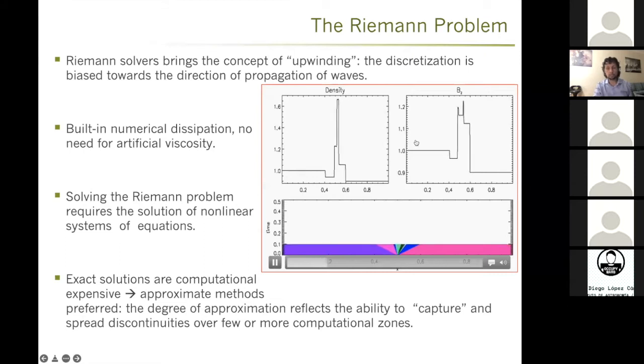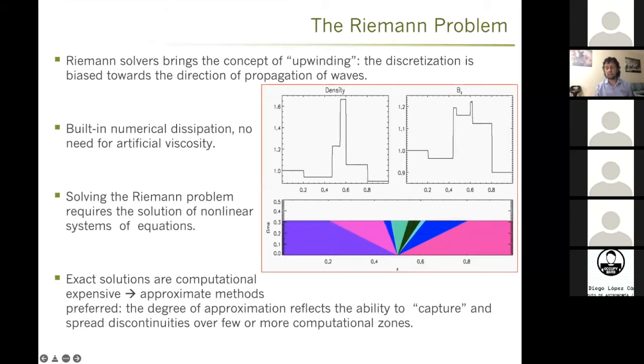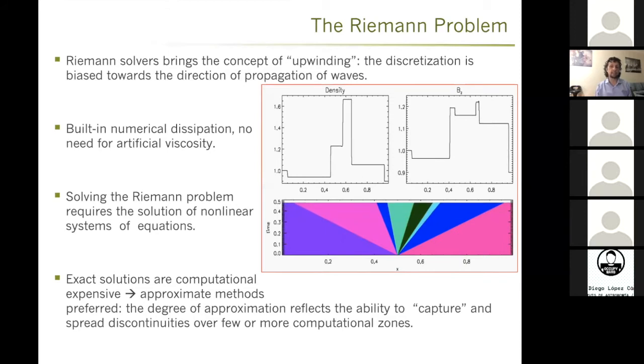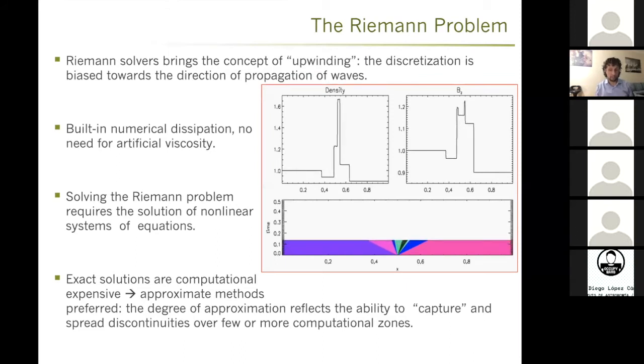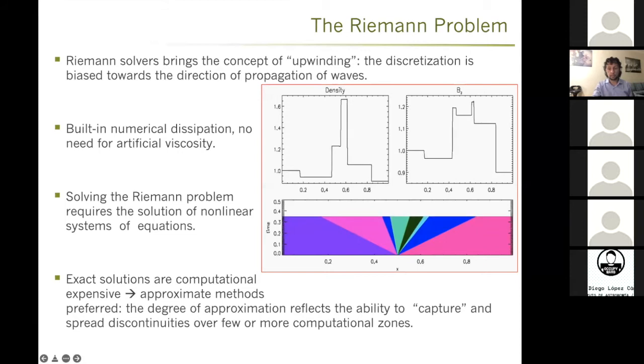In the plot that you see, in the movie that you see here, you see the solution in time of an MHD problem. Since MHD has essentially in 1D 7 equations, one is redundant because the divergence of B tells us that Bx must be constant, then you have only 7 equations, and therefore you have 7 waves, which is a pair of fast magnetosonic, a pair of slow magnetosonic, a pair of Alfvén waves, and one contact discontinuity in the middle.